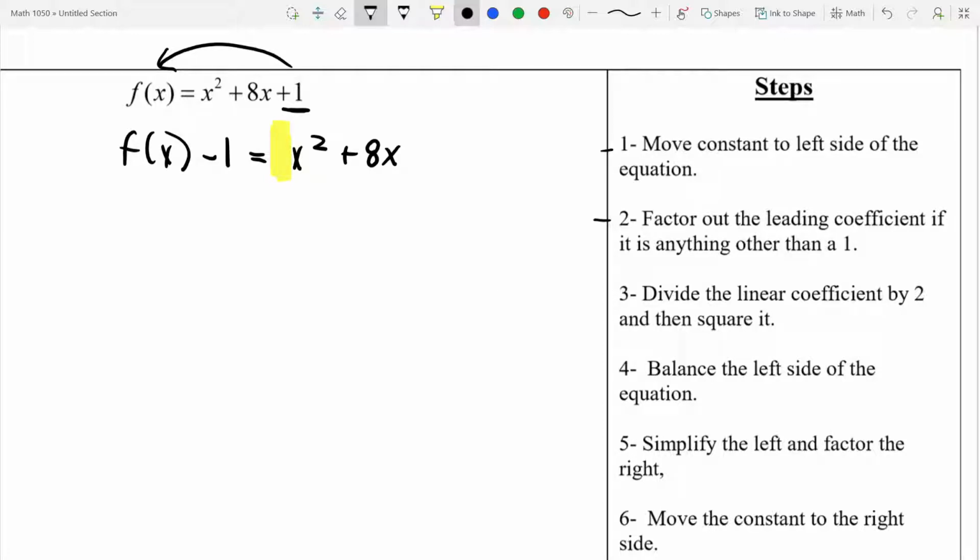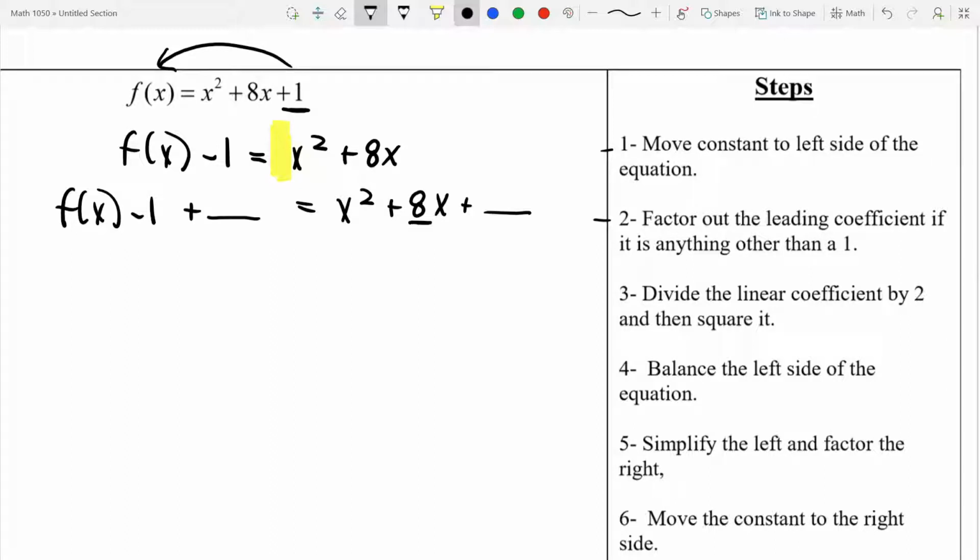There's nothing to take out because it's just a 1. Okay? Now I have to do my blank. So now I want you to go f of x minus 1 plus blank equals x to the second plus 8x plus blank. Take the linear term. That would be this 8 right here.